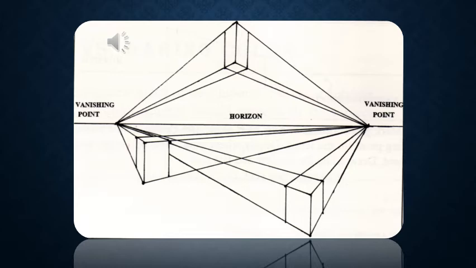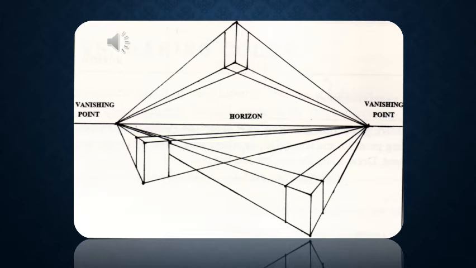This is the same cube which we created from the lines from the vanishing point to the object. And we see that the right side of the cube, toward the second vanishing point, is more visible to us than the left side of the cube.